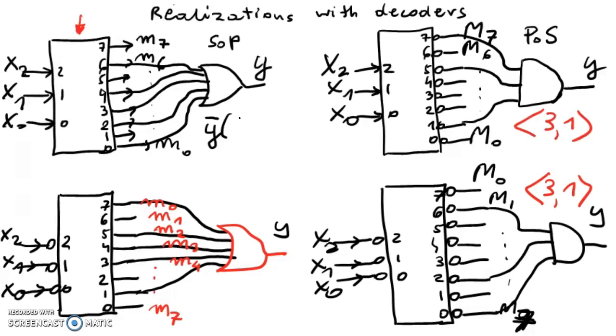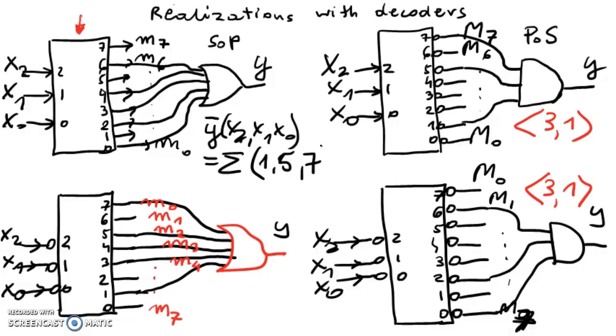All right, so let's return. Instead of implementing Y, you implement not Y of x2, x1, x0 equals sigma, with the remaining only 3 minterms, 1, 5, 7.